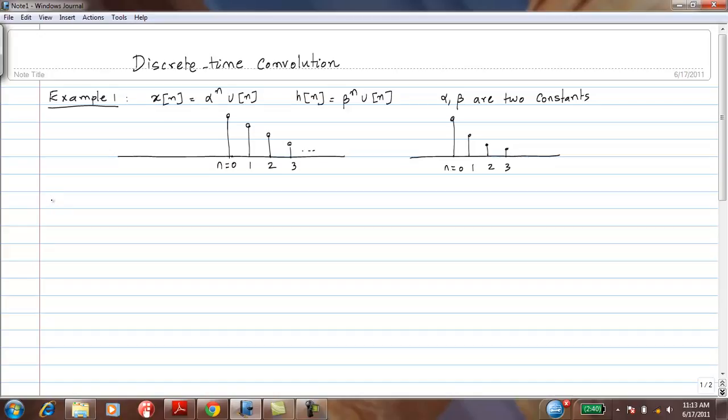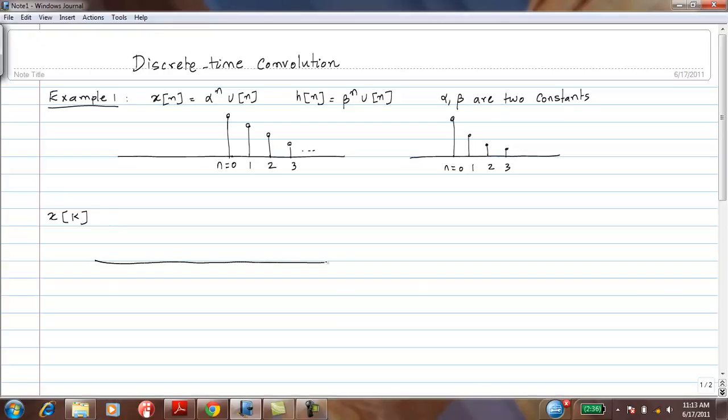The first step in performing this convolution is to think of x of n and h of n as signals with independent variable k instead of n. So let's begin by sketching x of k and h of k.